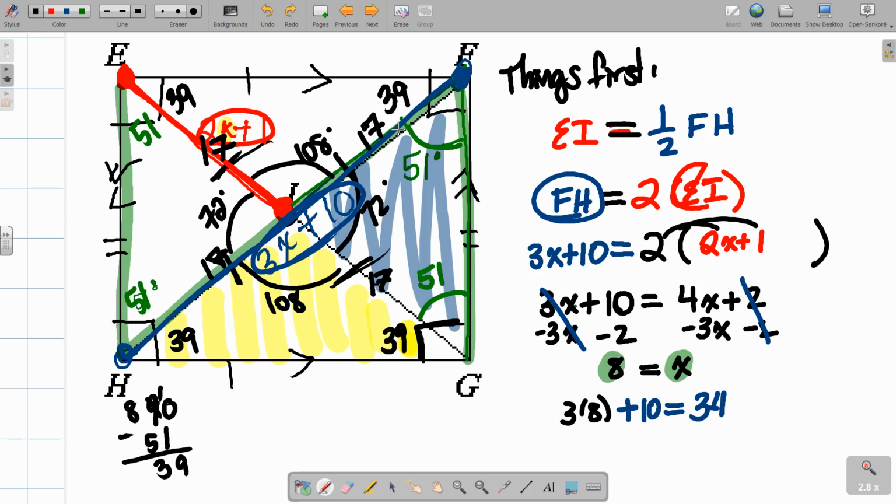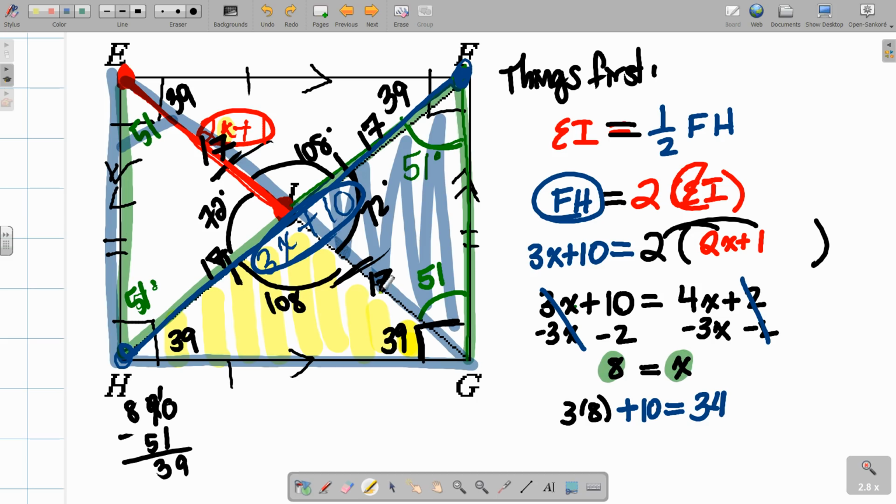Now, it looks like you have everything, right? But wait, there's more. I'd like you to grab a nice dark highlighter here. Take a look. Always watch out for right triangles. Do you see that right triangle?